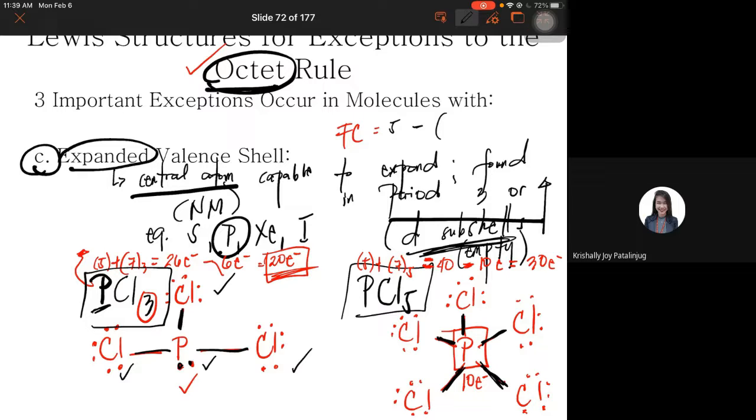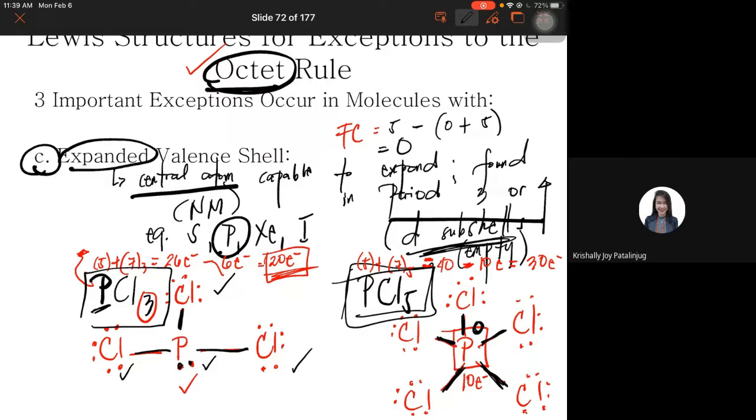Meron ba siyang lone pair dyan? Wala. Meron ba siyang bonds? Yes, 5. So it would carry no charge. And yan yung stable. Isa din yan sa stable binding state ng phosphorus, having 5 surrounding covalent bonds.